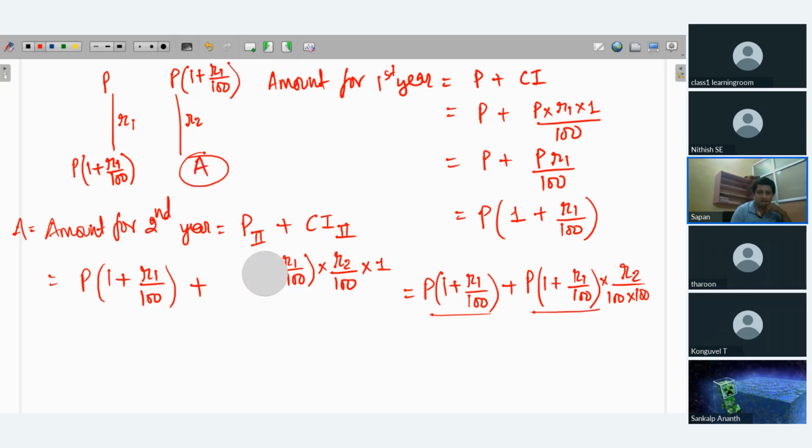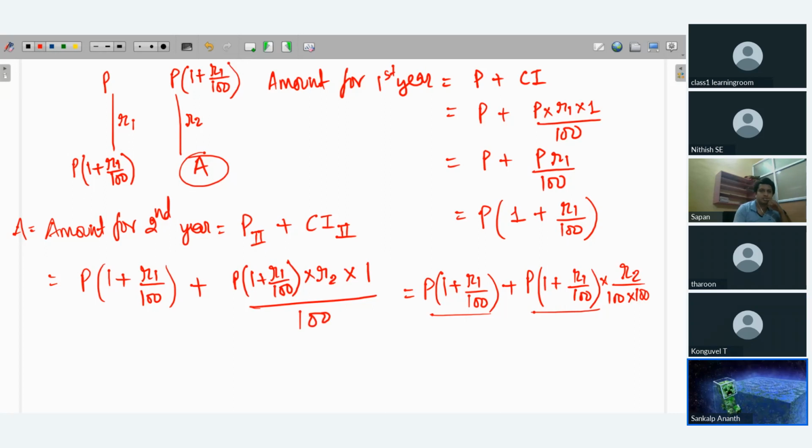So I can write it better. This is the principal, so P times 1 plus R1 by 100 into R2 into 1 by 100, which is equal to the principal into R2 by 100.